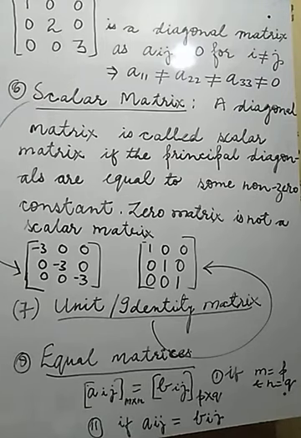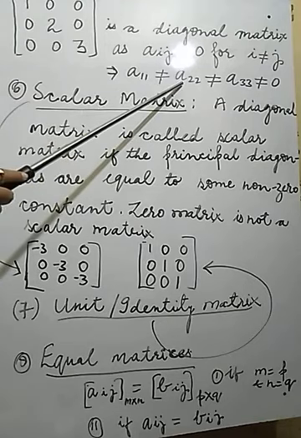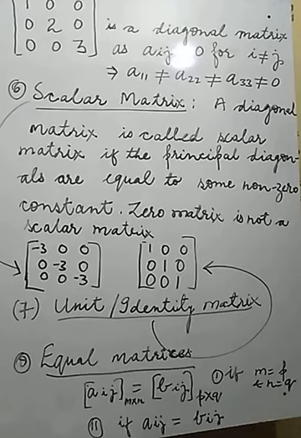Here we may observe A11, the element of the first row and first column, the element of the second row and second column, and the element of the third row and third column are not equal to 0. It means they are non-zero elements. So where are the non-zero elements? Just on the diagonal. That's why this matrix is called a diagonal matrix.